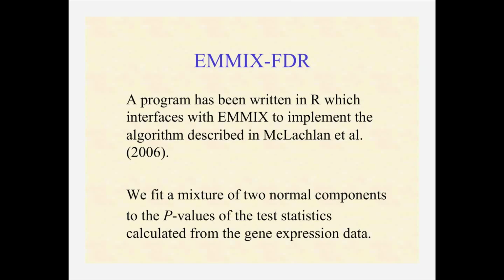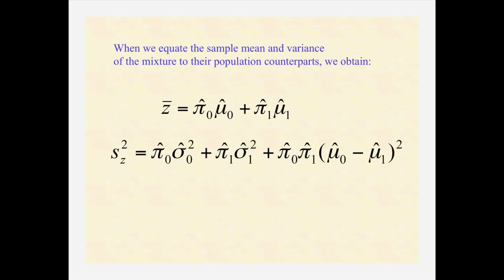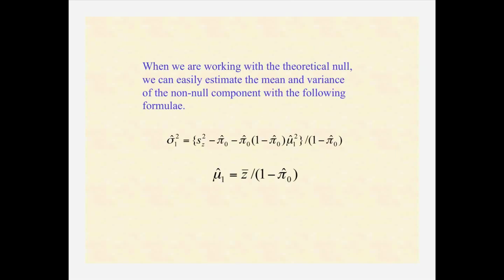We call this MMix FDR. It's a program for fitting this normal mixture model to the z-scores, and it's very easy to fit because once you specify pi naught, the proportion of null genes, the maximum likelihood estimates of mu1 and sigma 1 squared are obtained.